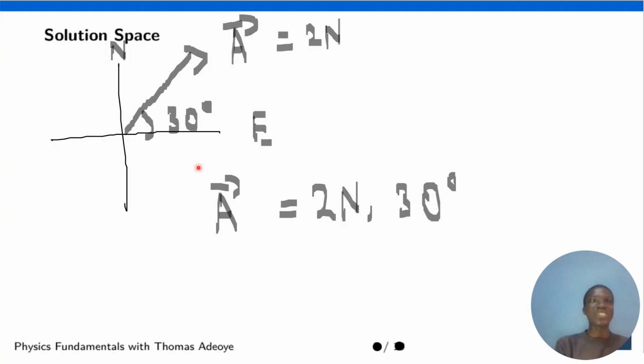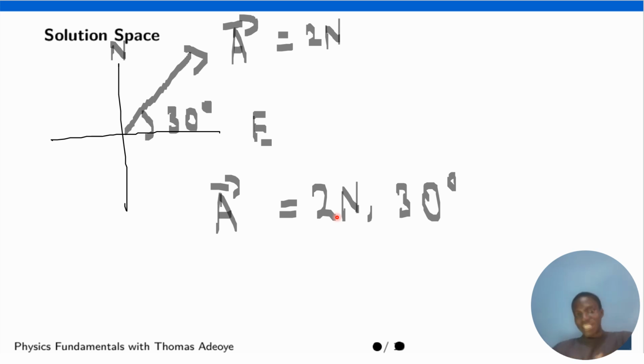You don't say east of north in this case. East of north can be correct if the angle we are considering is the one from the north. But the angle we are considering now is this 30 degrees, which is inclined to the east. So it will be 2 Newton, 30 degrees north of east.